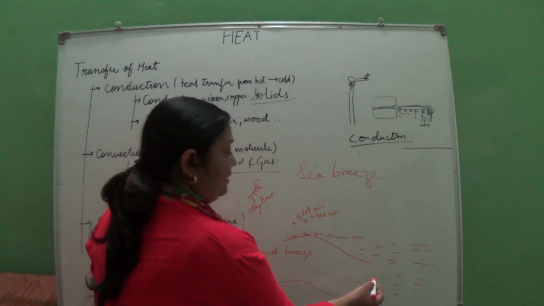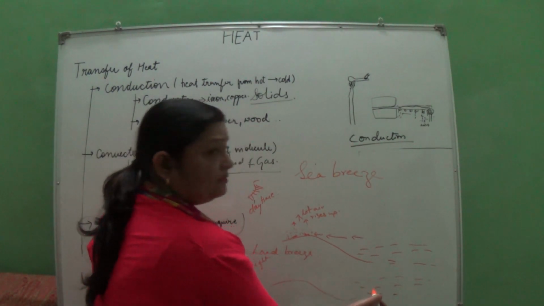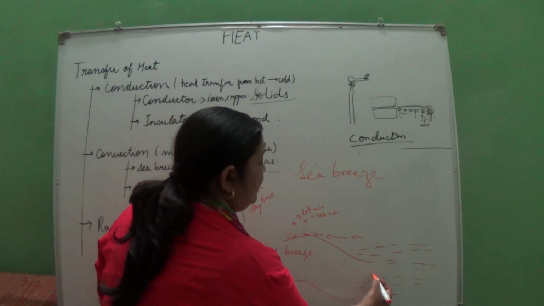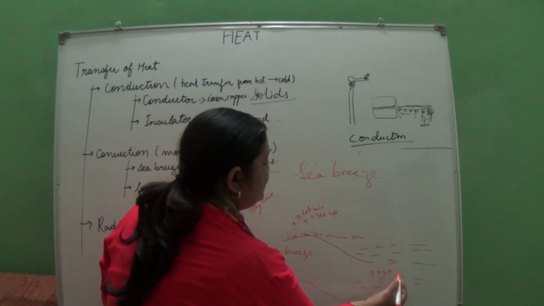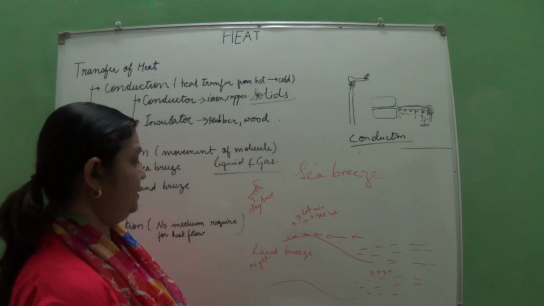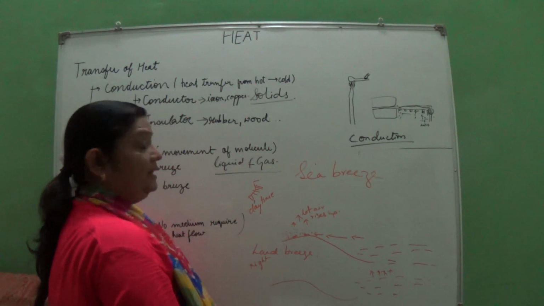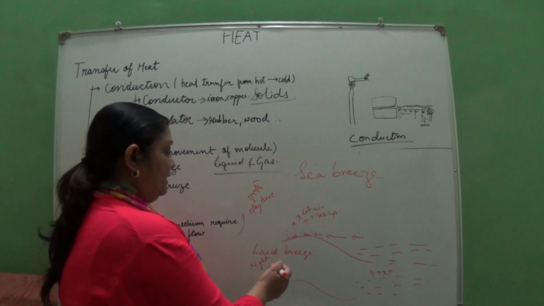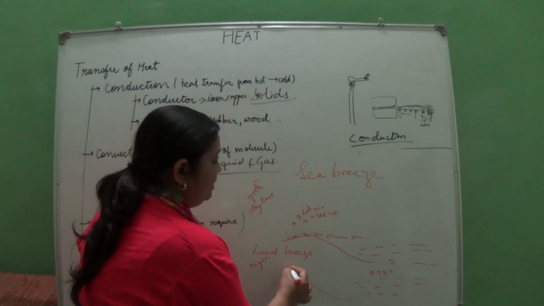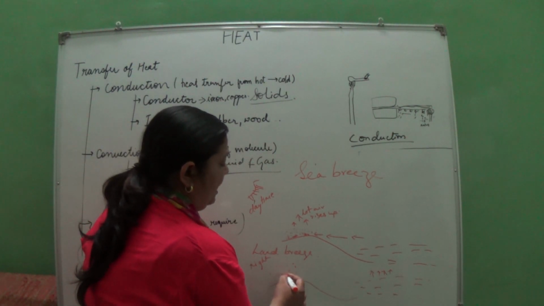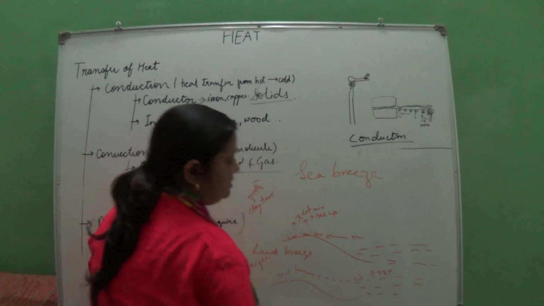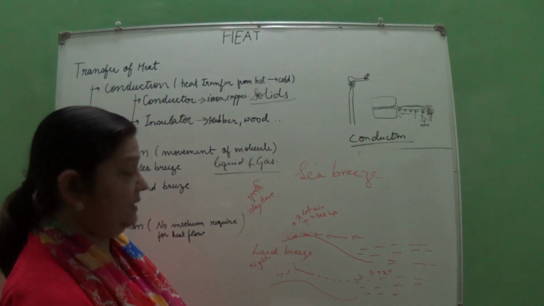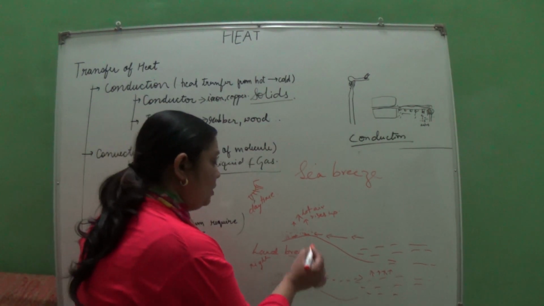The sea, which was warm till night, starts sending its hot air rising up. And at night, the area on the land is cool. As a result, this cool air will start moving towards the sea.